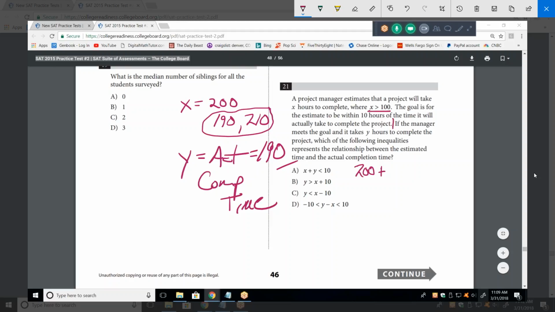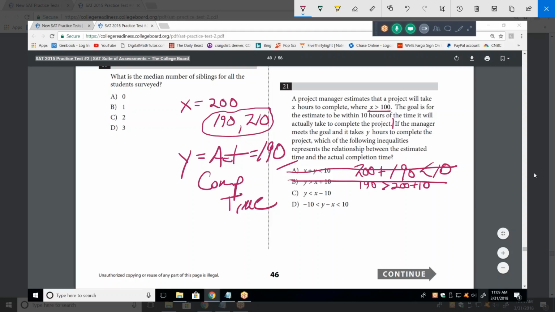Okay, is A correct? Is 200 plus 190 less than 10? No, so that's definitely not correct. Is 190 greater than 200 plus 10? No, okay, that's not correct.